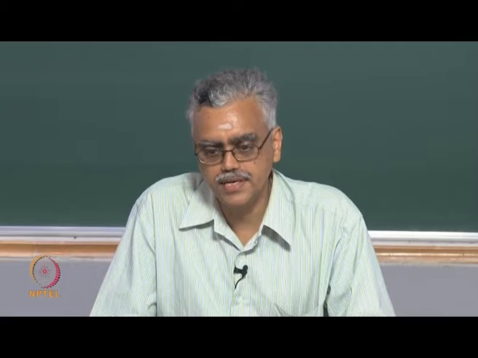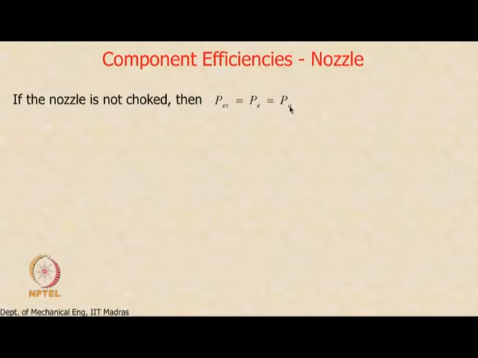Then PES is equal to PE is equal to PA. Remember, the state ES and state E lie on the same isobar. Right? State ES and state E lie on the same isobar. So, PES equal to PE equal to PA. Correct?